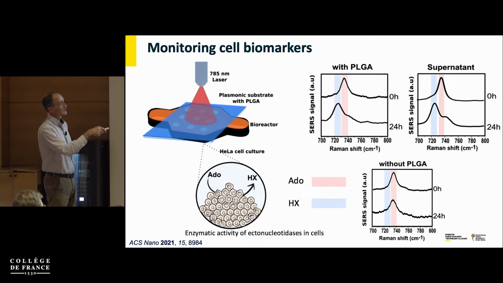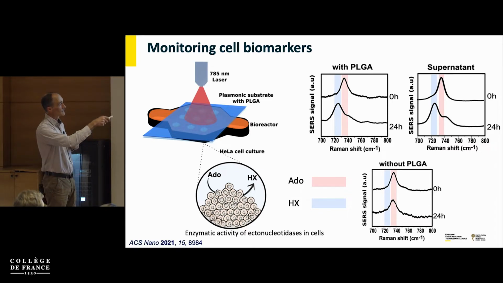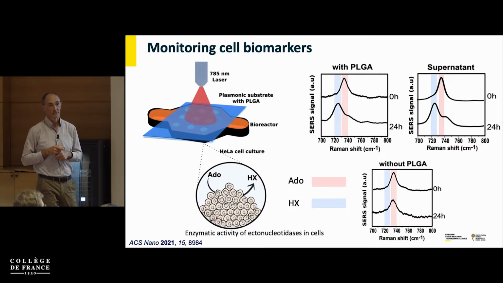If you take the supernatant at the 2 different times and use 2 different substrates, you see the conversion. With the PLGA, same substrate, open 2 different windows, you see the same conversion. And now you can do this. So actually we do this now quite routinely to do measurements over time and monitor processes in different aspects.